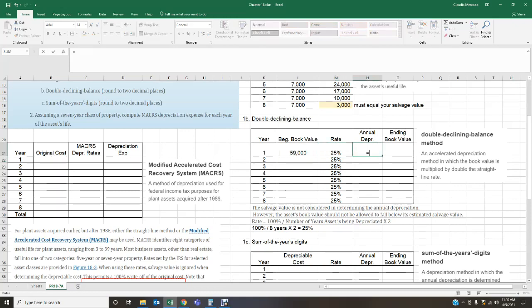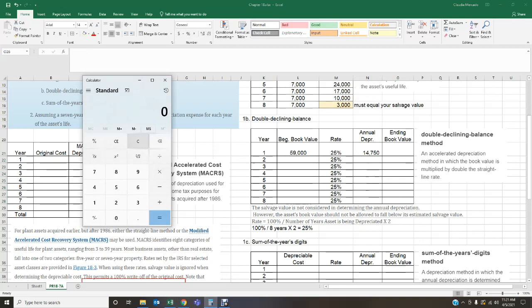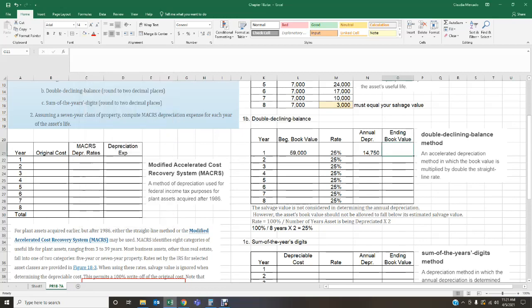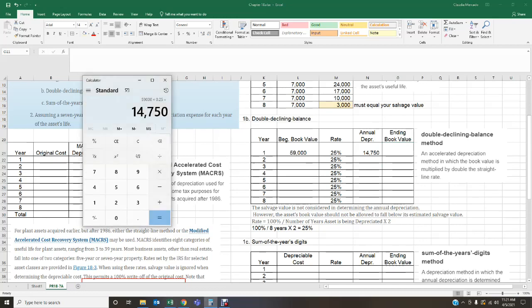So my annual depreciation is, you're going to multiply your book value times your 25%, and that's going to give you $14,750. So what did I do there? I got the $59,000, and I multiplied it by 25%, and that gives me 14,750. Now I'm going to get my beginning book value, which was 59,000.